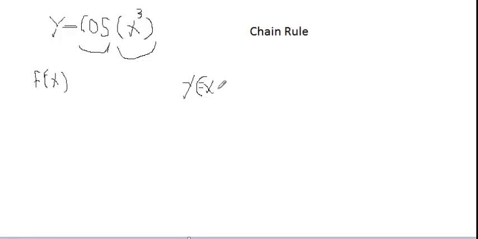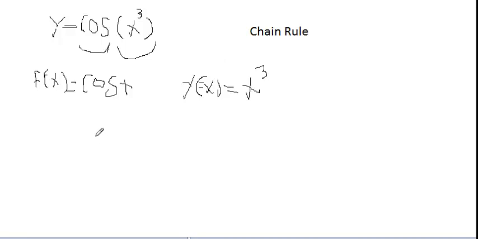The f of x function is a cosine, right? The y of x, we're going to call it x cubed. This is the outside function, this is the inside function.